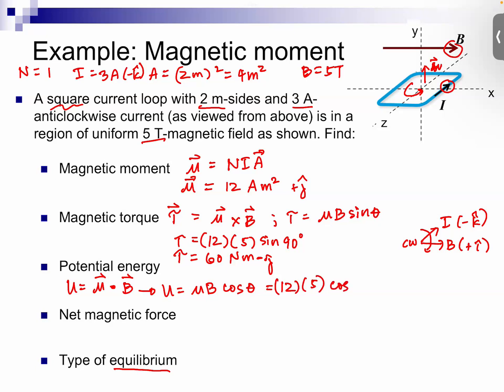The angle between them: the magnetic moment is upwards and the magnetic field is to the right, so that's cosine 90 degrees. Cosine 90 is of course 0, so the whole thing will be equal to 0.